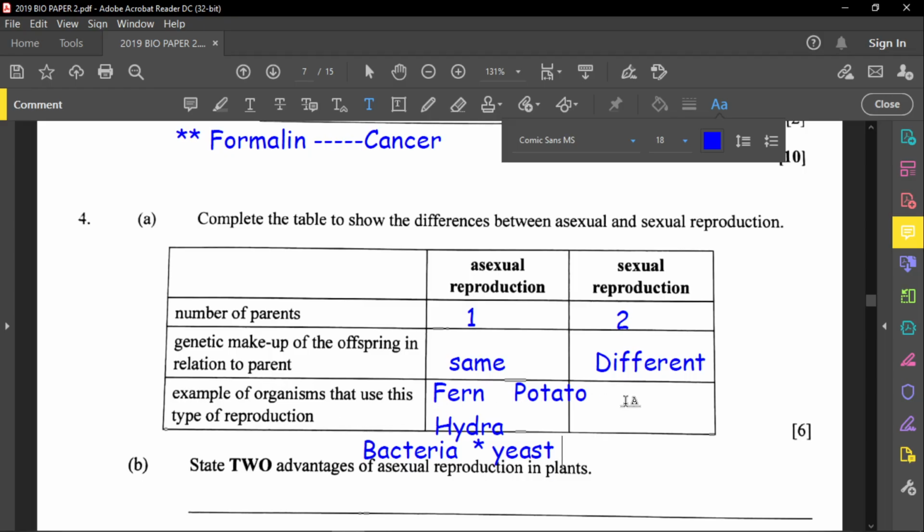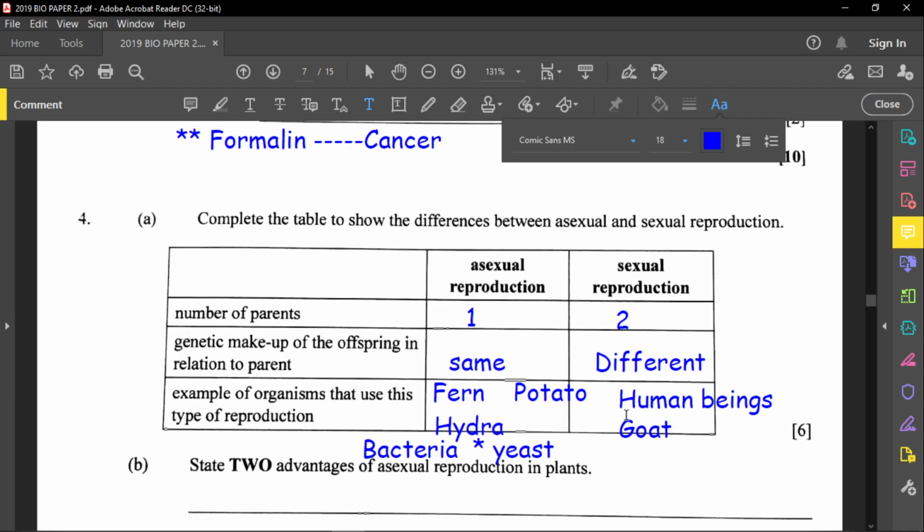For sexual reproduction, we should also know that animals, generally animals such as ourselves, so human beings, also definitely will reproduce by this means. Okay. All right. What else? You can name a number of things, like goat, for example.